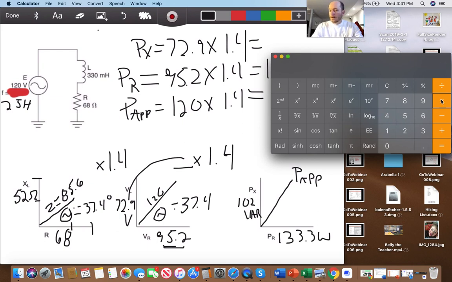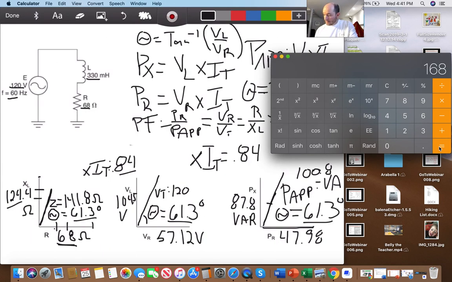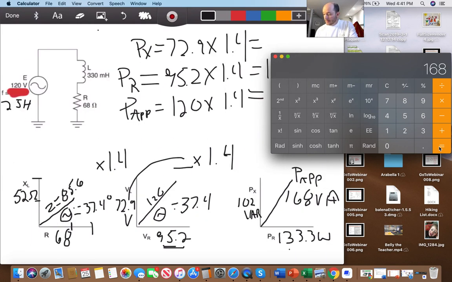Try that one more time. All right, I got 168 volt-amps. Okay, let's compare this. Look, my total power has gone up. I'm more resistive now too, as you can see by the math calculations here.